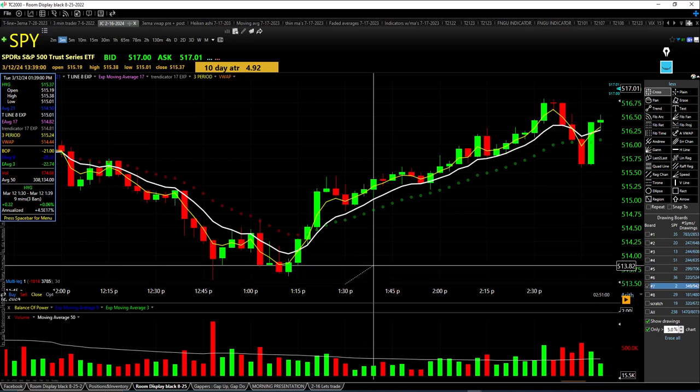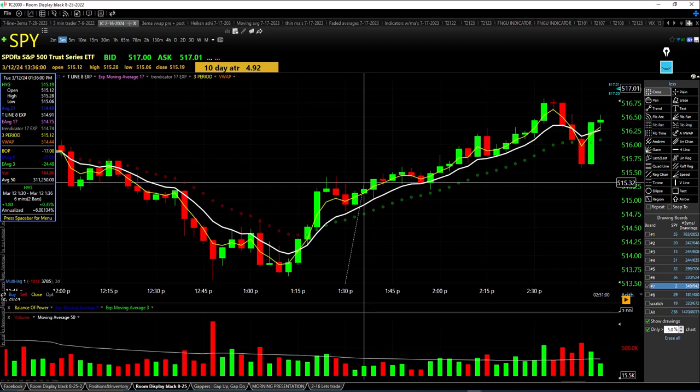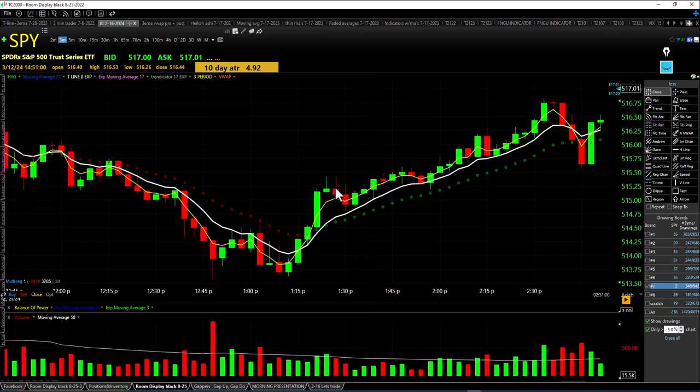139, right there. This candle closed over the body of the red candles. Okay, that's right here where I enter. Right after that candle closes over the top, I took that.